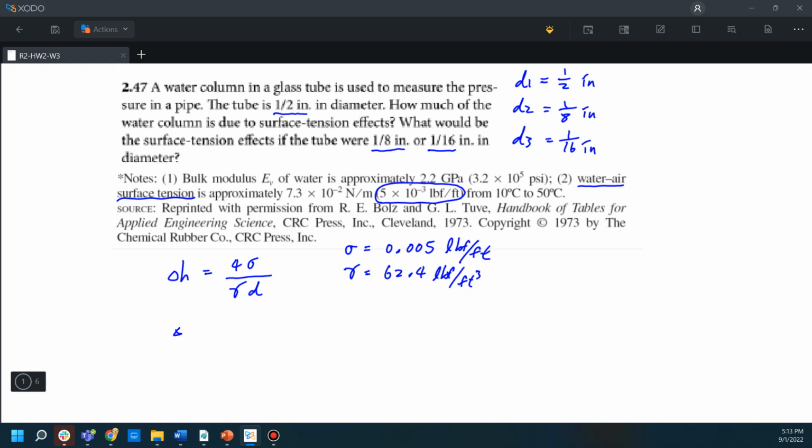So the delta H for D1 is equal to 4 times 0.005 divided by 62.4 times this D, we will apply D1.